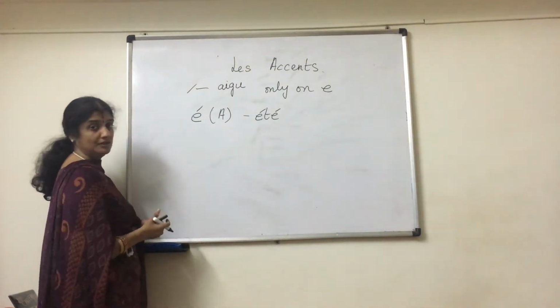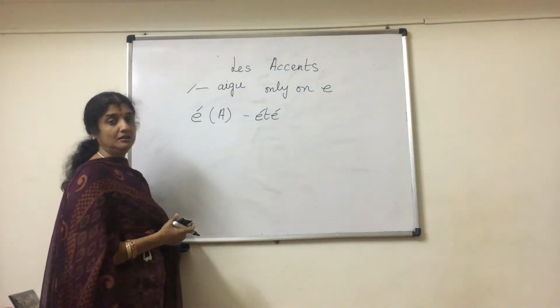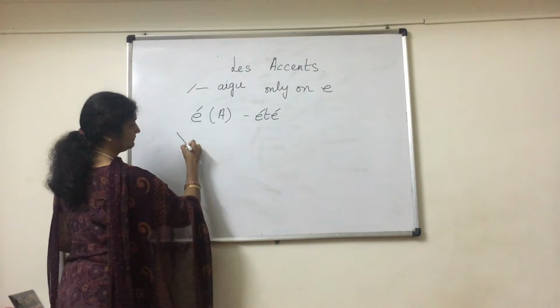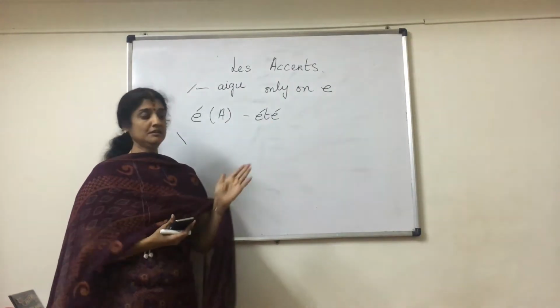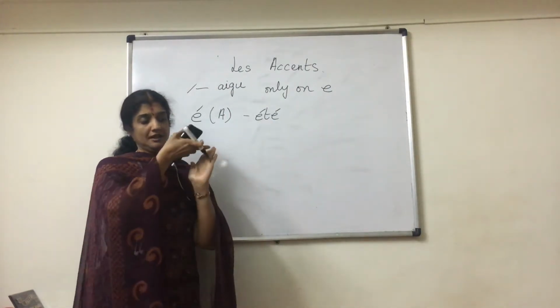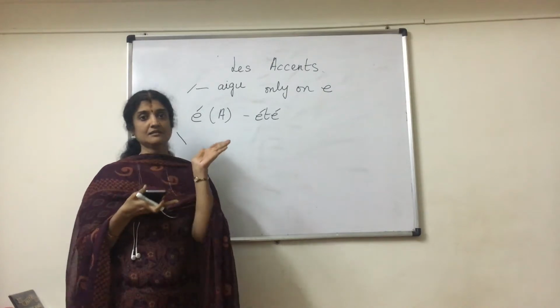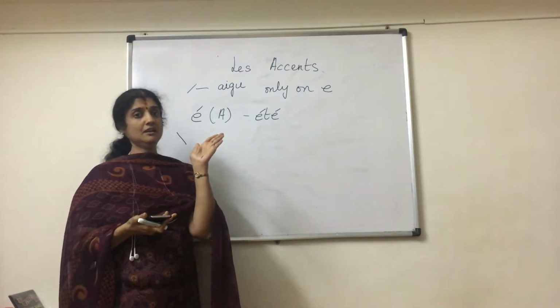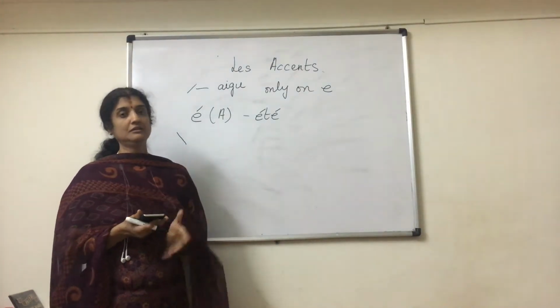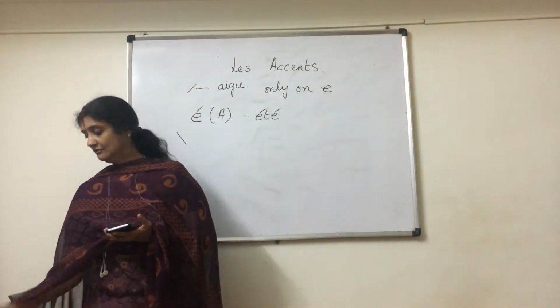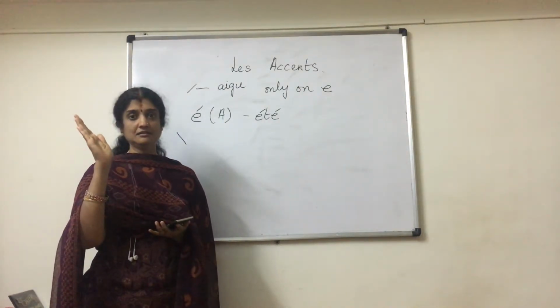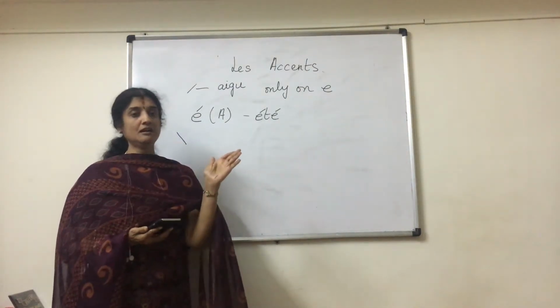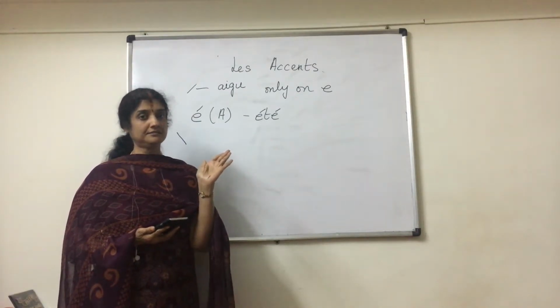The next accent that you will be learning is called accent grave. You will remember it on your left hand and the intonation is like this. It's called accent grave. You remember accent aigu on your right hand and you remember accent grave on your left hand.